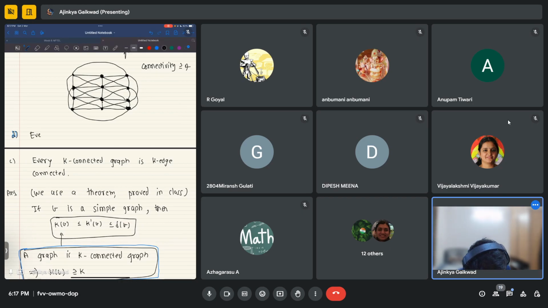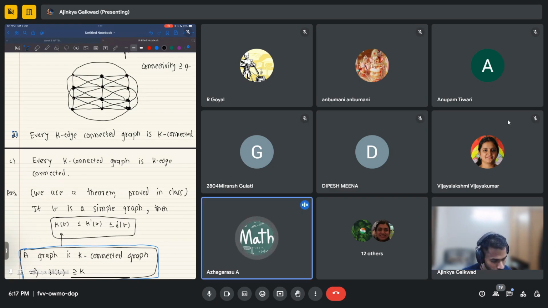Every k edge connected graph is k connected. So this C and D are opposite. Here I proved that a k connected graph is k edge connected. Now the statement is: is every k edge connected graph k connected? Yes, it is false.